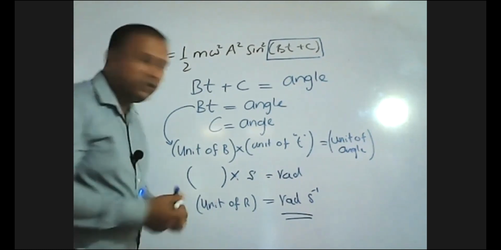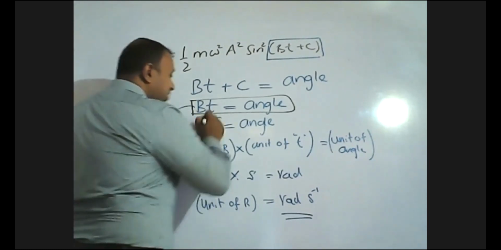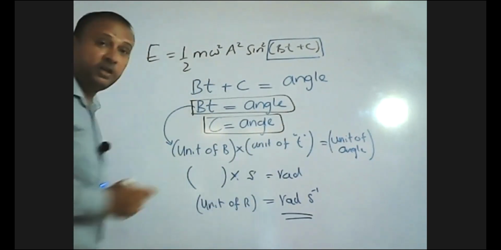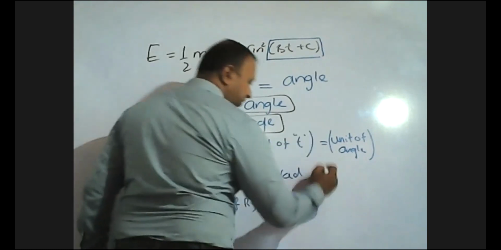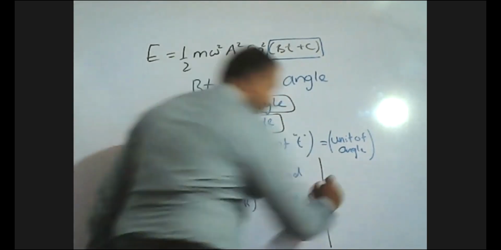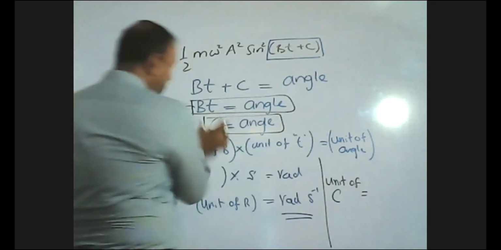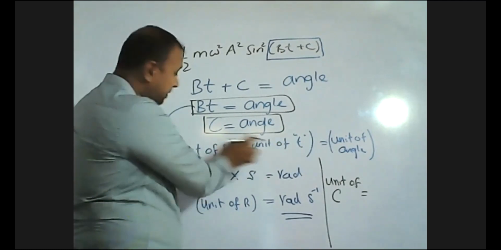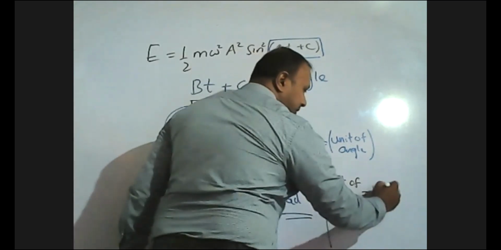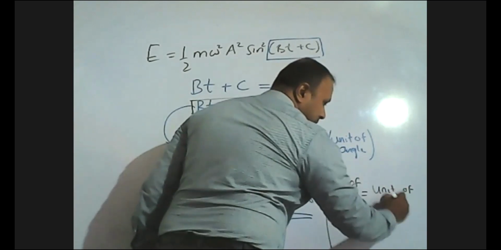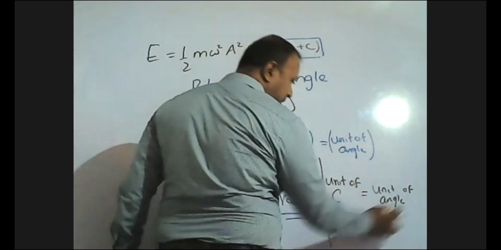Then you can use this equation, my first equation, to find the unit of C. C is an angle, so unit of C should be equal to unit of angle.